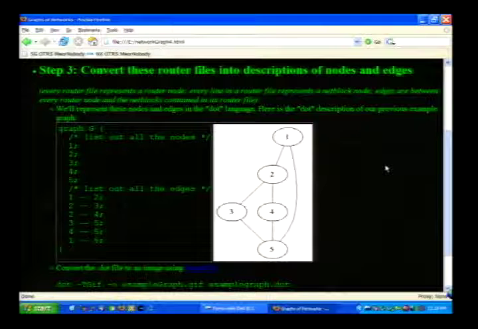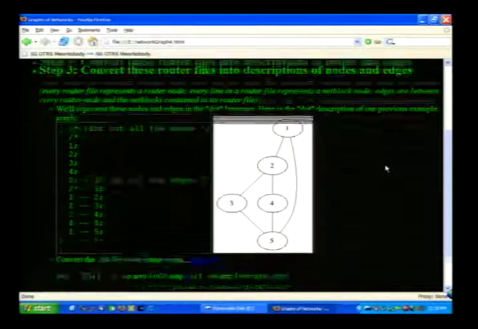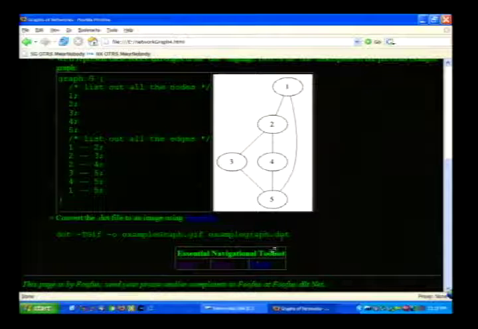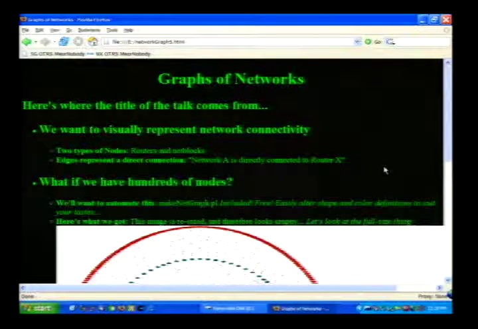DOT language is something that Afterglow works with, and that's where I got the idea of doing things this way. And then this is the command line that you use to generate that graph from the dot file on the left. Fine, super, amazing.